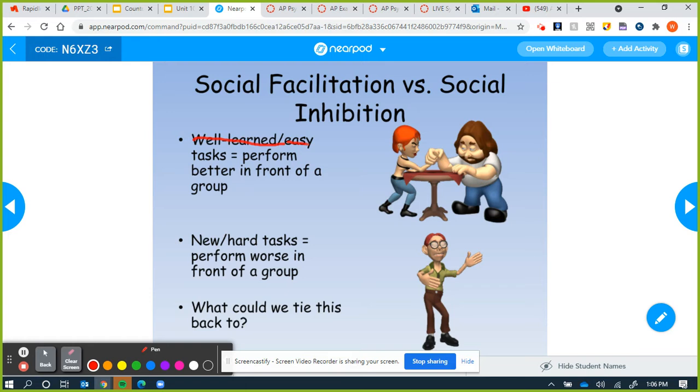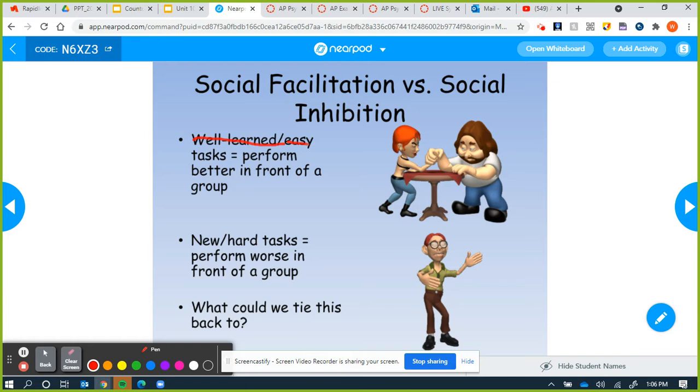Anybody who plays sports probably knows somebody who is just okay in practice, but in games they ball out when everybody's watching. That's social facilitation. The best players play the best. Michael Jordan played the best in the biggest moments when everybody was watching.